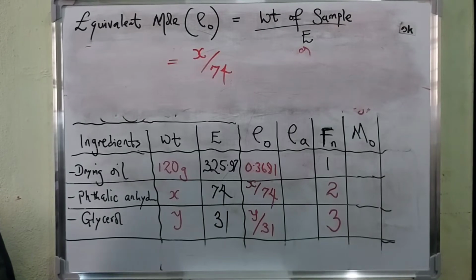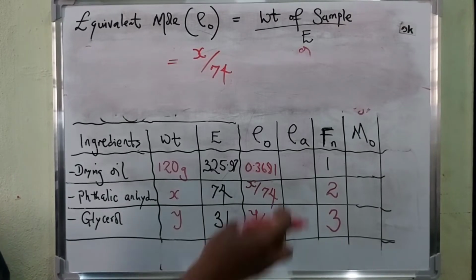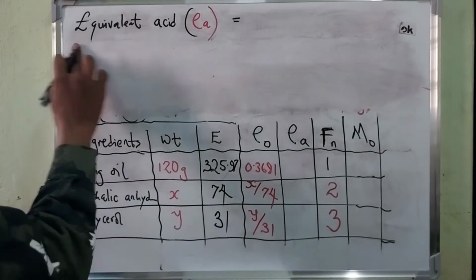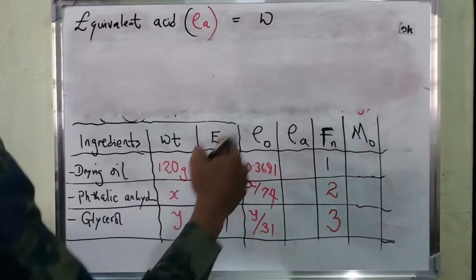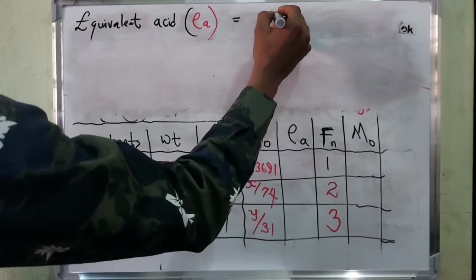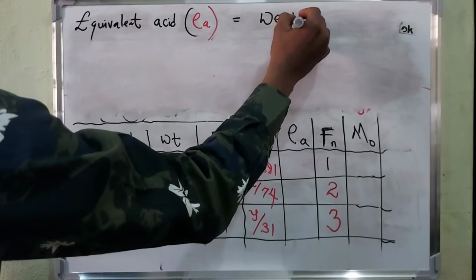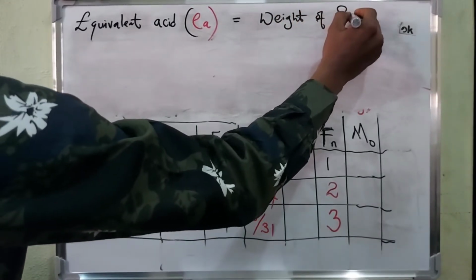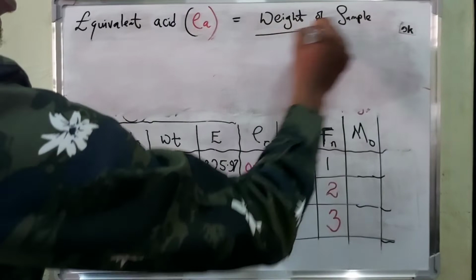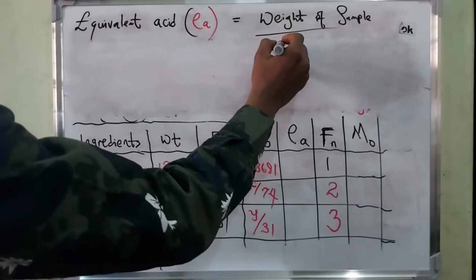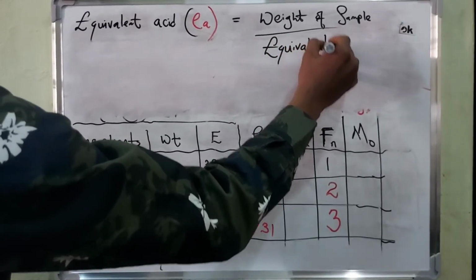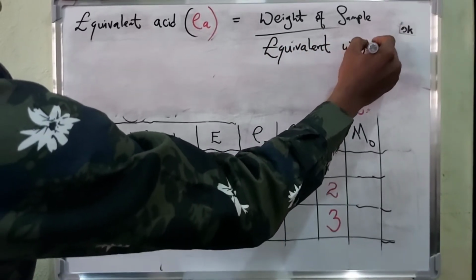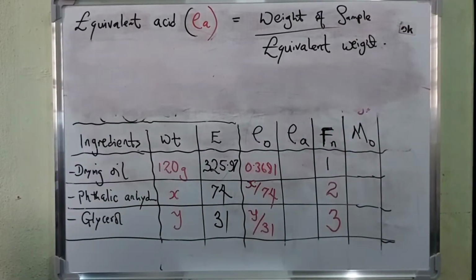Now the next thing we're going to find out is our equivalent acid. The formula for equivalent acid is the same as that of the equivalent mole, weight of sample divided by the equivalent weight. Now we get to look at it.